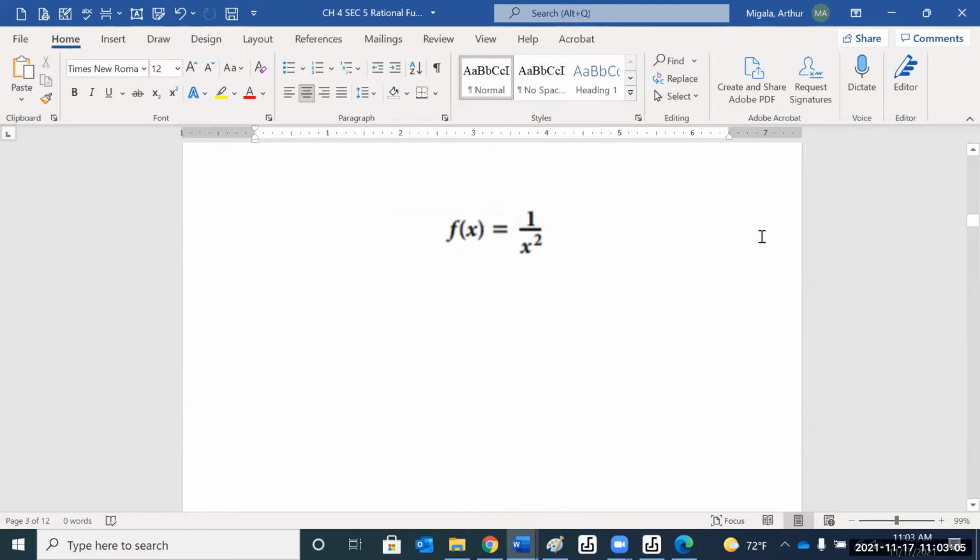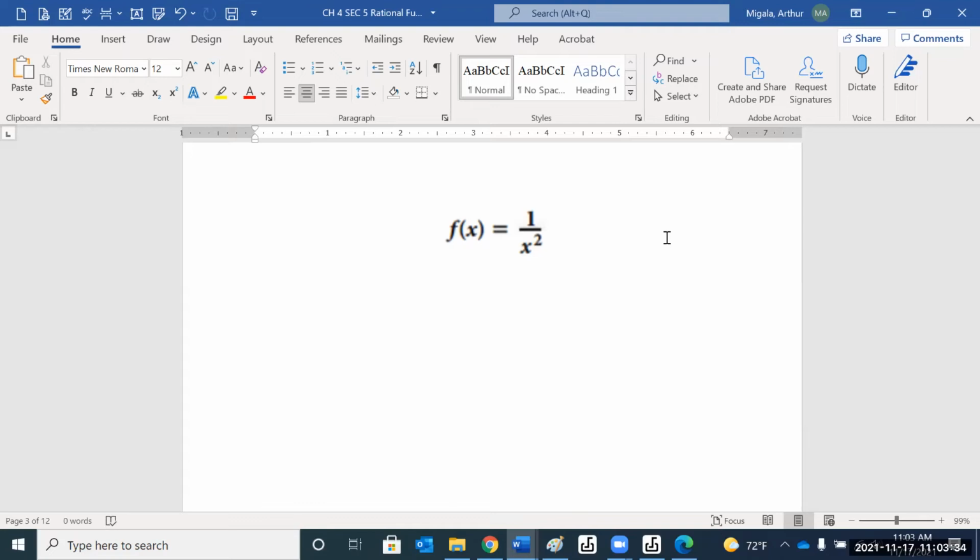Let's look at the next one, 1 over x squared. Do we have a vertical asymptote? Yes. Set the bottom equal to 0. X squared equals 0, x is 0. So at x equals 0 there's an asymptote, which is the y-axis. Is there a horizontal asymptote?